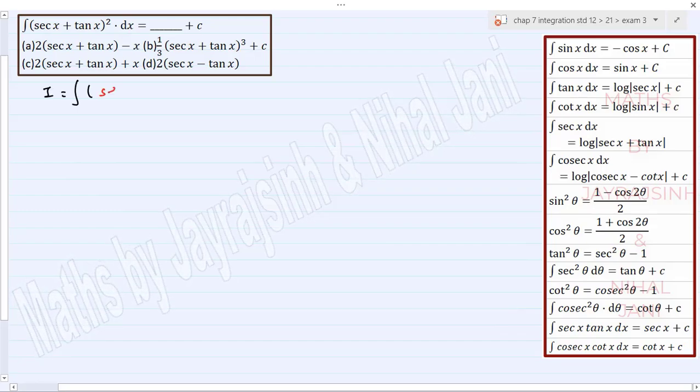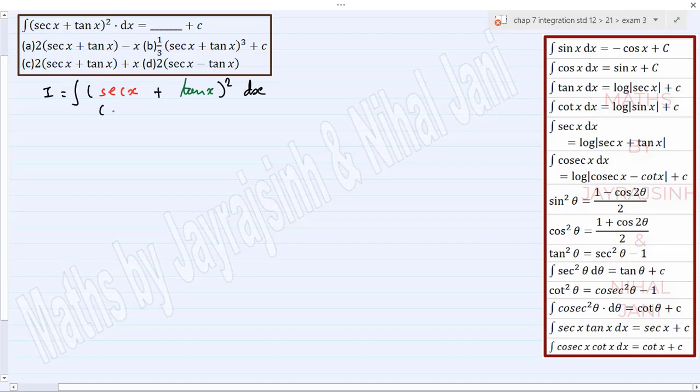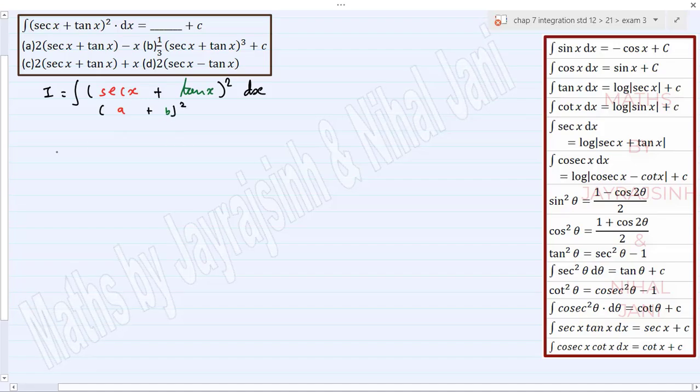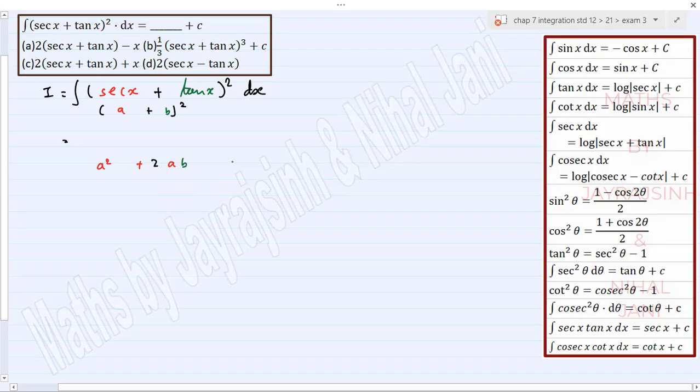Here we have to integrate (sec x plus tan x) the whole square, which is in the form of the whole square of a plus b. So it can be expanded as a square plus 2ab plus b square.